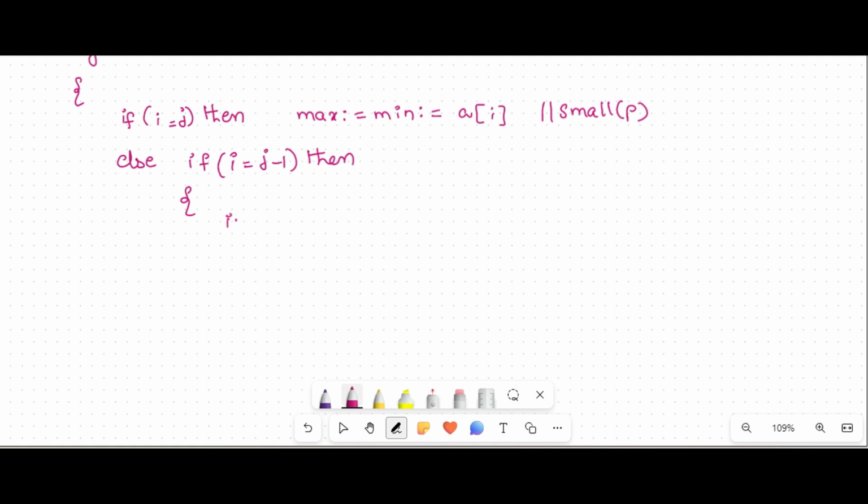So compare: if a of i is less than a of j, then which one is minimum and which one is maximum? Minimum is a of i, maximum is a of j.